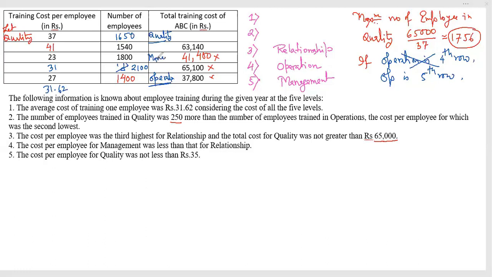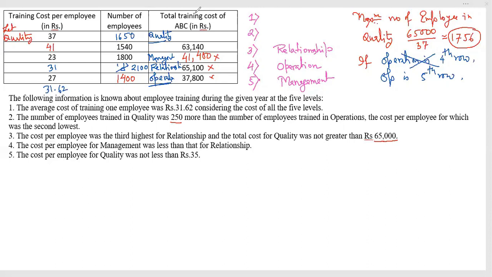Relationship comes as the third one, and the pending one would be here. Whatever other group is present would be here. With that, I can attempt to answer the questions.